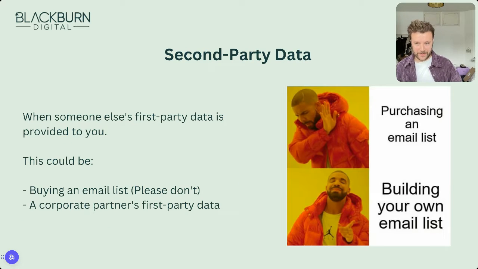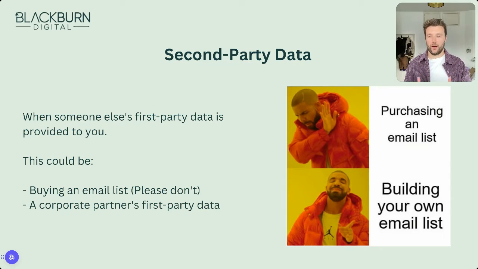Now, second-party data. This is essentially someone else's first-party data that's provided to you. The best example I can give here is when someone buys an email list or a corporate partner gives you their first-party data. Now, guys, I'm going to put it out there right now. I'm not a fan of Drake at all. I don't really like his music, but he's spot on here.